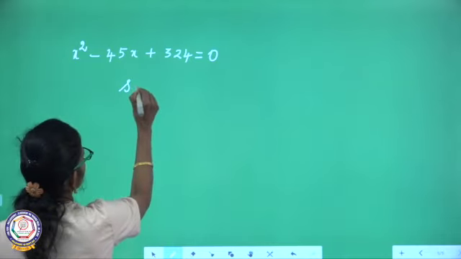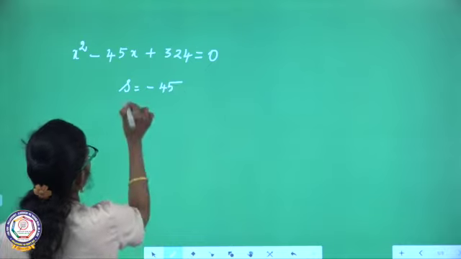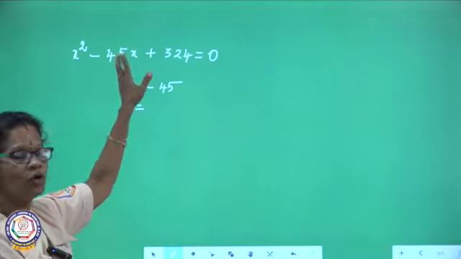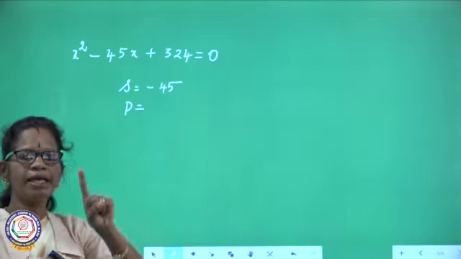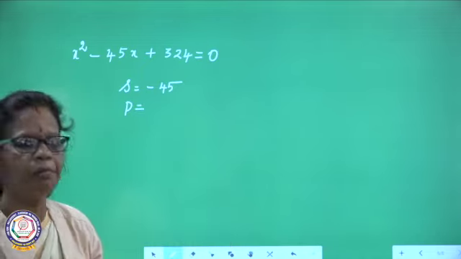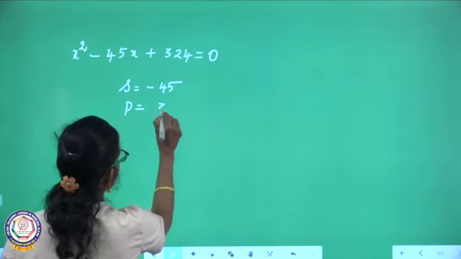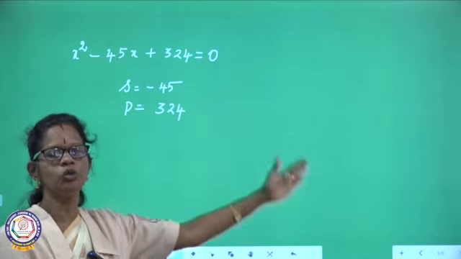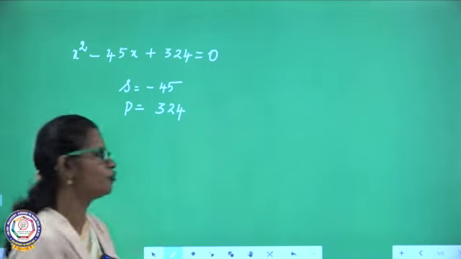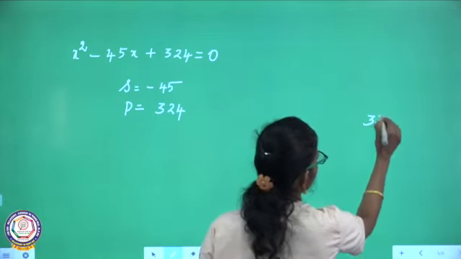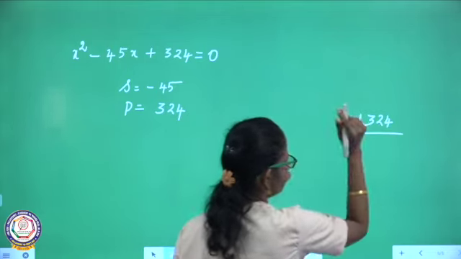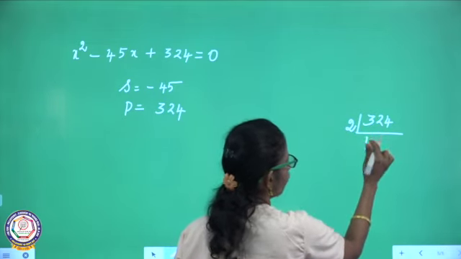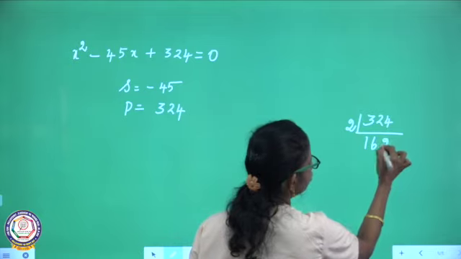Now, sum equal to minus 45. Product equal to the constant, since the coefficient of x square is 1, so directly you write the constant. Except for 1, for any other coefficient you have to multiply. So product equal to 324. Whenever a 3-digit number comes, better you do the L-shaped division on the right hand side. That is safe for you. 324 ends with 4, so it is divisible by 2: 2 ones are 2, remaining 1, 12, 2 6s are 12, giving 162.